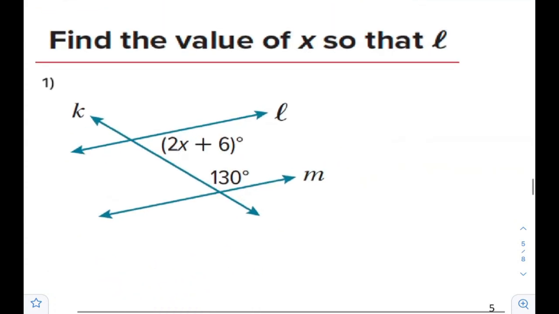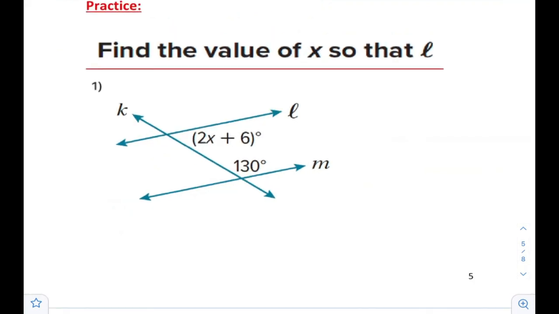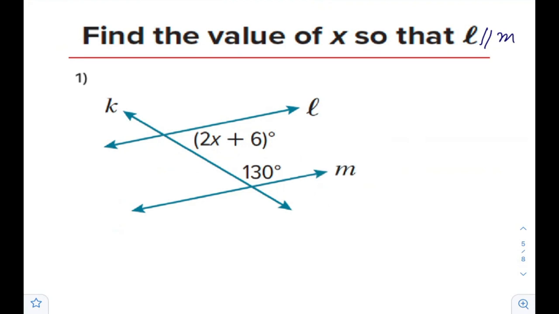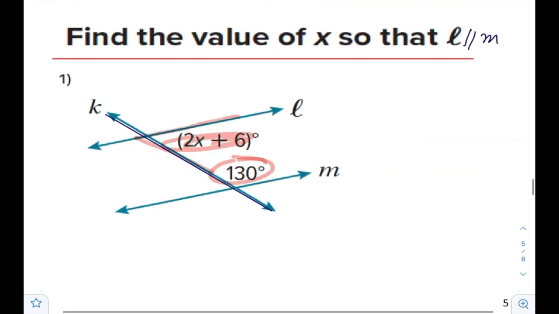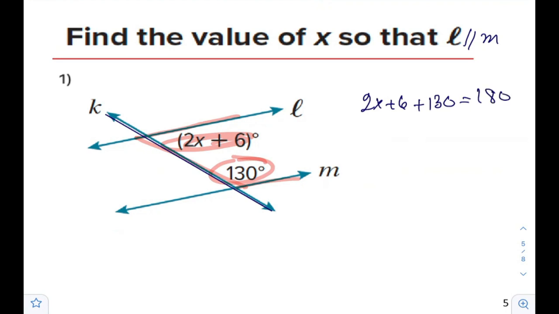Find the value of x so that L is parallel to M. So if you have L and M to be parallel, this will be the transversal cutting these lines. As you see, these angles look like U, so they are consecutive interior angles. That means their sum should be 180.